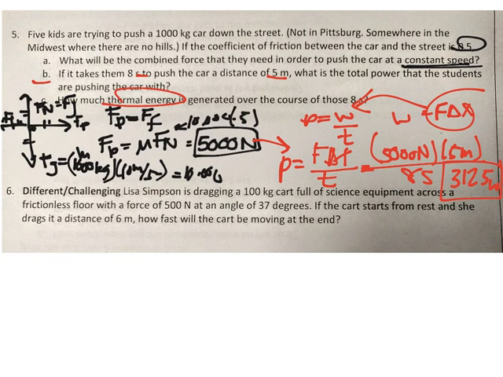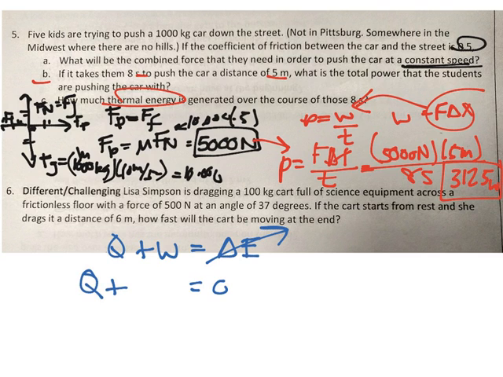Alright, then it asks how much thermal energy is generated. The math is actually less hard. I will write it out. This is the idea that the heat plus the work is equal to the change in energy. Essentially, it starts out with no energy, and it's going to end with the same amount of energy, so there's no change in energy. It's still going the same speed as it was at the beginning. So we know that heat must then be equal to work, except opposite.